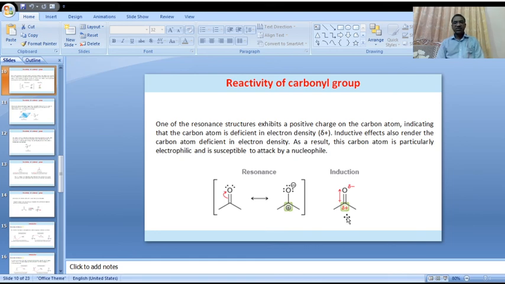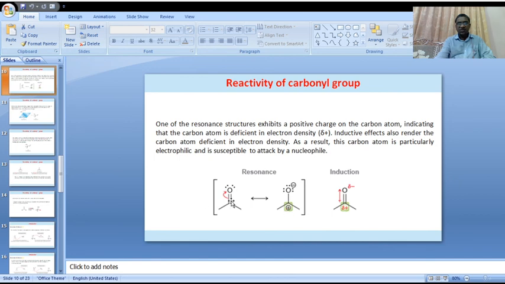Here once again please observe how the positive and negative charges are on this carbon and oxygen, where there is deficient electron density. One of the resonance structures exhibits a positive charge on the carbon atom.